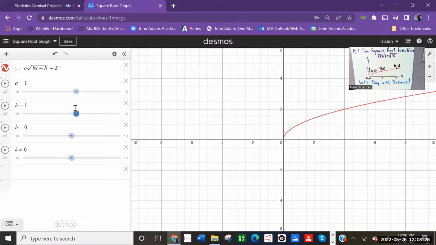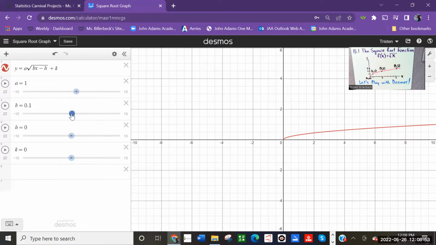Now if b is a fraction, it's compressing the graph away from the y-axis, just like with the parabola, how it is vertically compressed. And it ends up getting closer to the x-axis.